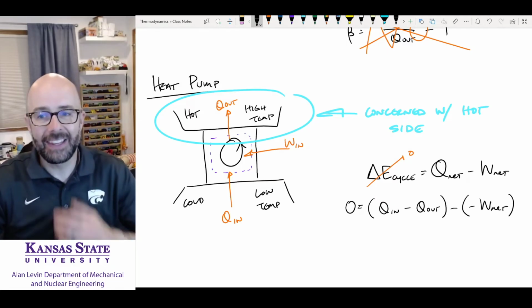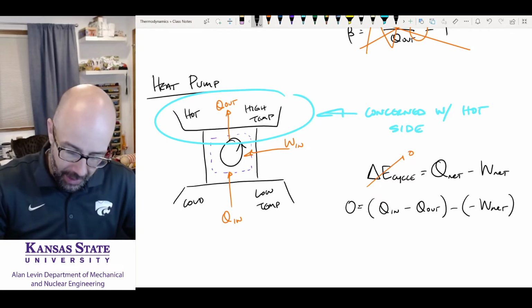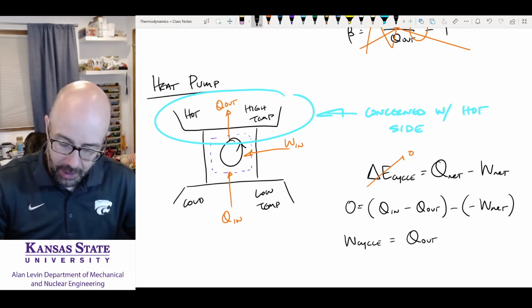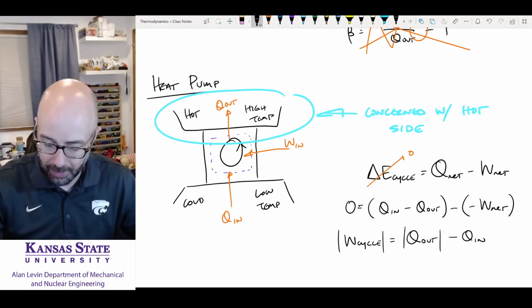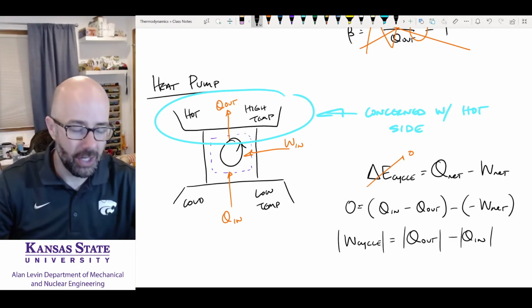Just exactly the same as what we had for a refrigeration cycle. And so we're going to get here that the work of the cycle is equal to Q out minus Q in. Just exactly the same. And I'm going to put magnitudes here so we know that we've taken care of the signs and we don't have to worry about that. Exact same as a refrigeration.